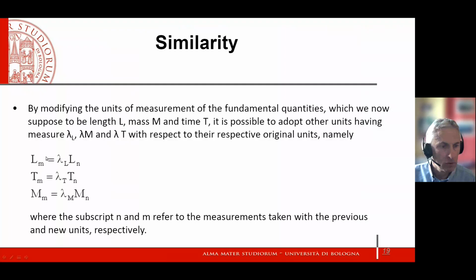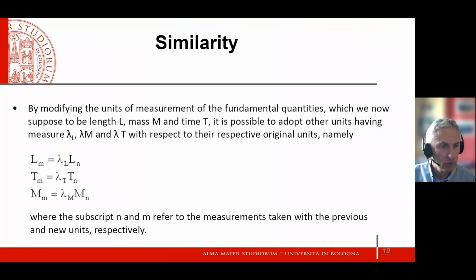For instance, if I want to pass from the unit for length meter to the new unit kilometers, I have to set lambda L equal to 1 over 1000, sorry, because if I have a measurement in meters, I have to divide it by 1000 in order to get the measurement in kilometers. So you see that the determination of this multiplier is very easy. It's a change of unit.